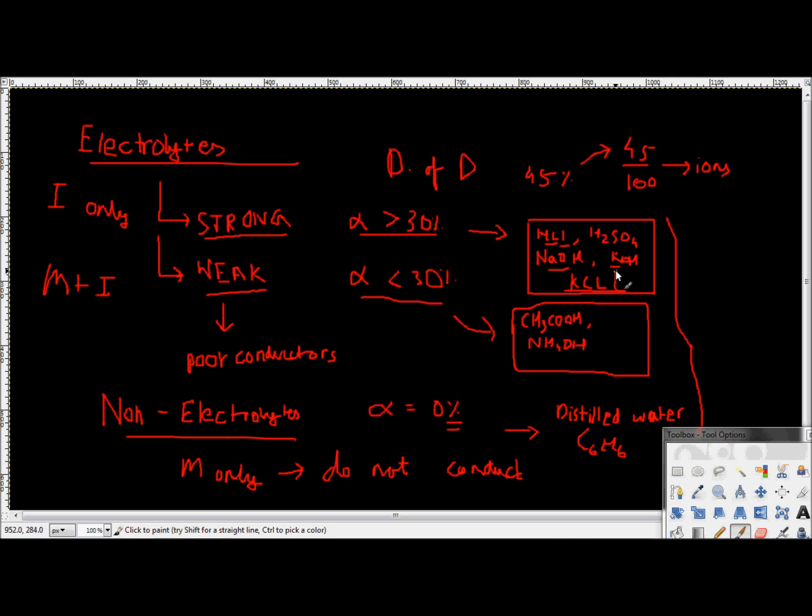All of these are usually very strong electrolytes. Similarly, weak acids, weak bases, and salts derived from weak acids and bases usually come over here in the weak electrolyte section. So that's a way to remember it.